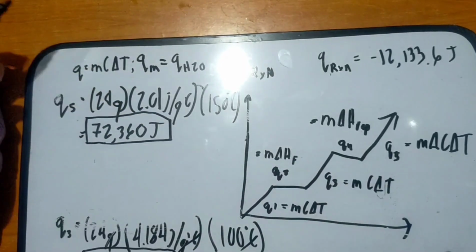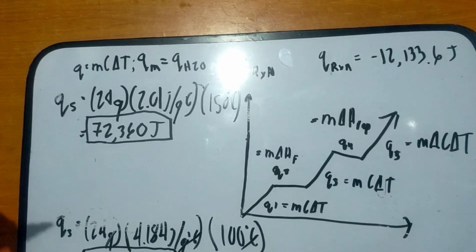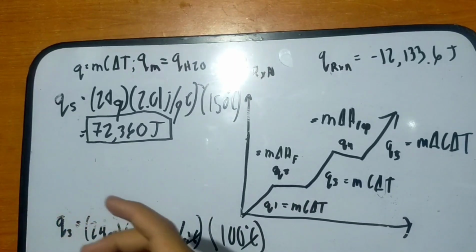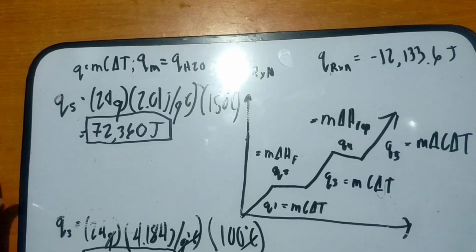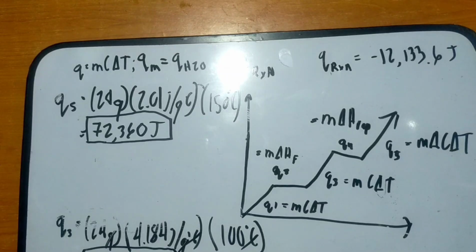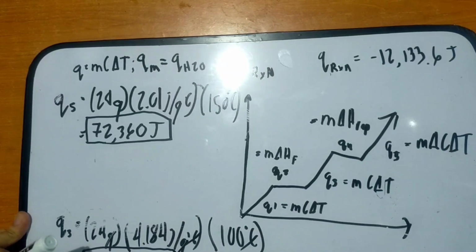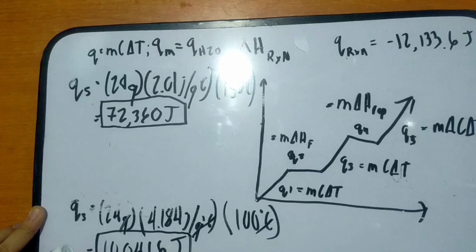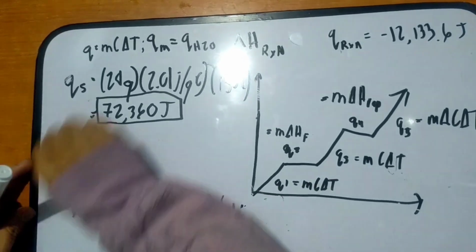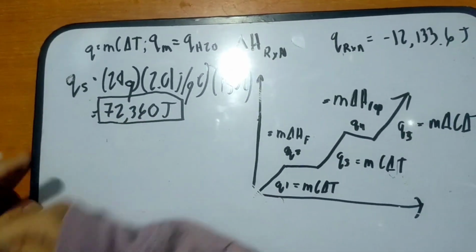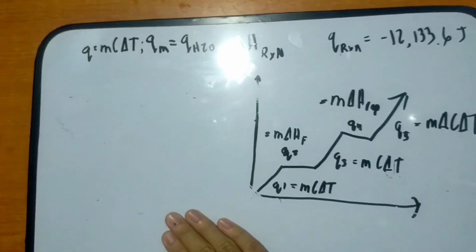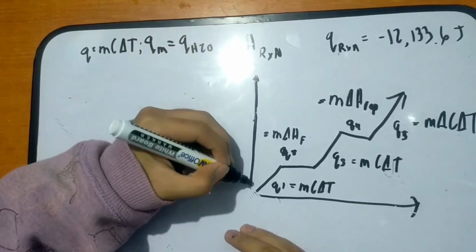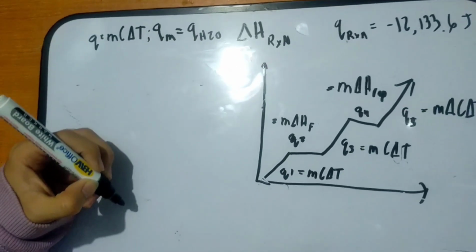Now, para makuha natin yung pinaka-total, which is yung mismong energy required na hinihingi from melting ice into water and then making it into a steam. So, ngayon, our heat here is QT.